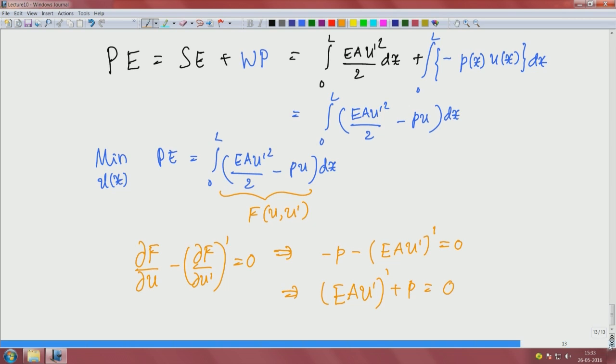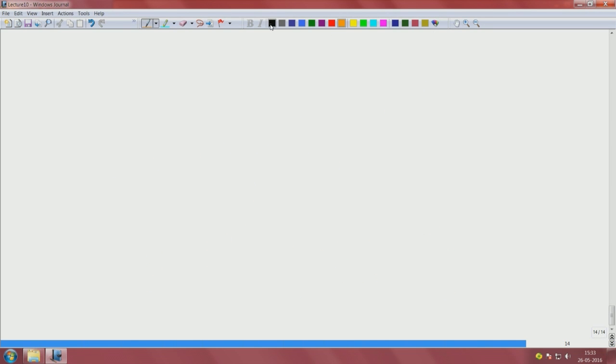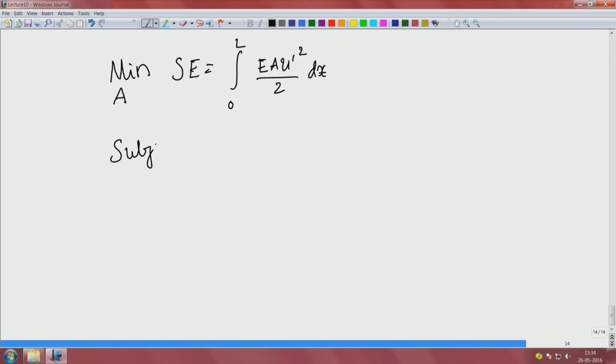With these things, let us pose this problem that we are after now. Here we have A first of all, but the strain energy that we have taken, integral 0 to L E A u prime square by 2 dx, involves A and u, and then we have to make sure that u, or u prime, is not something arbitrary.